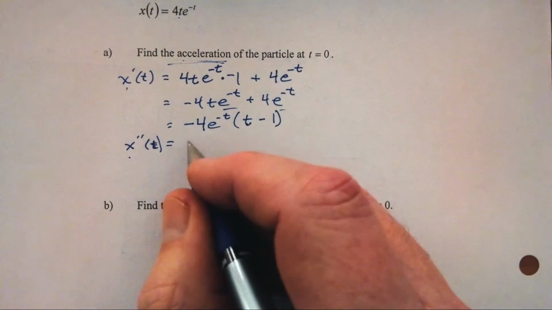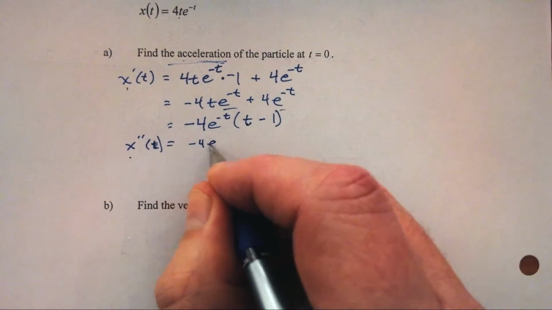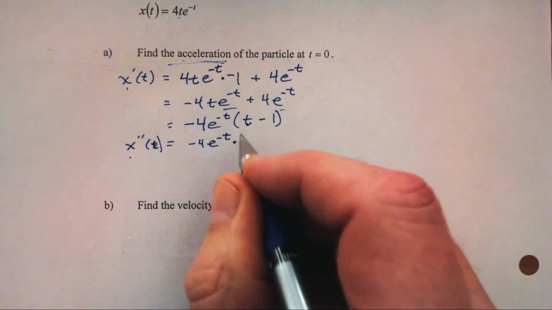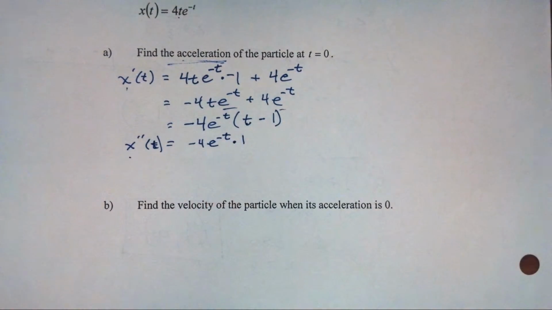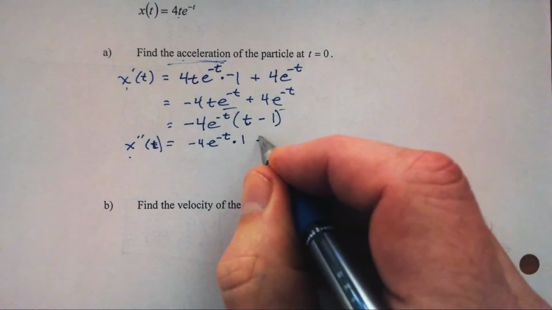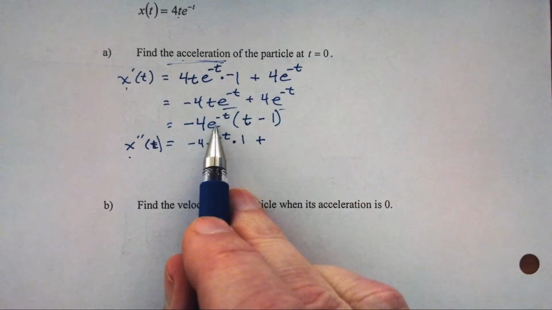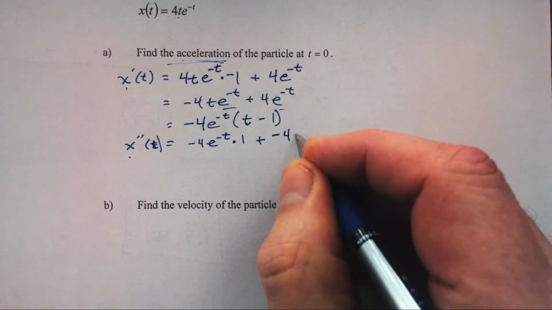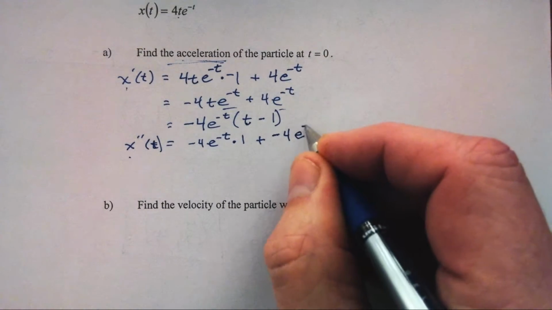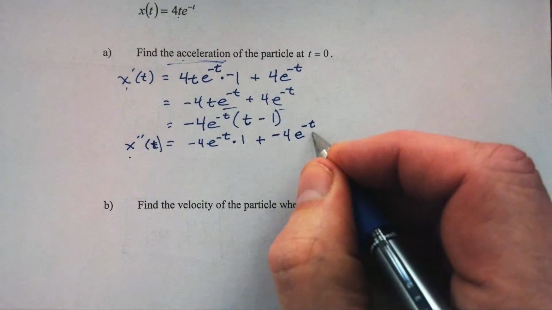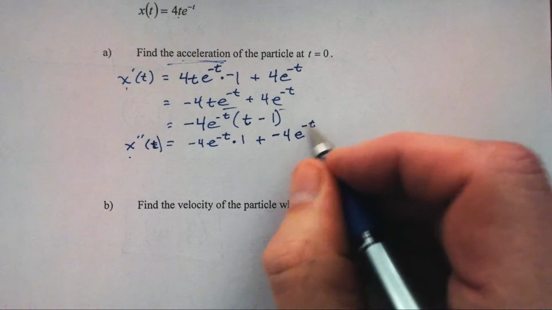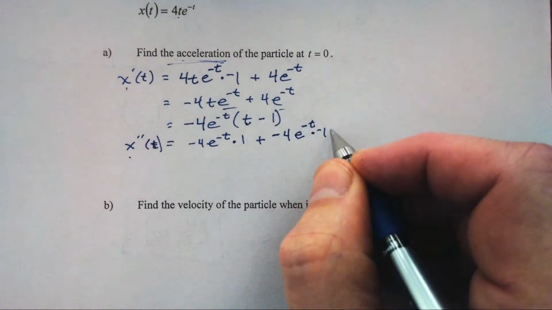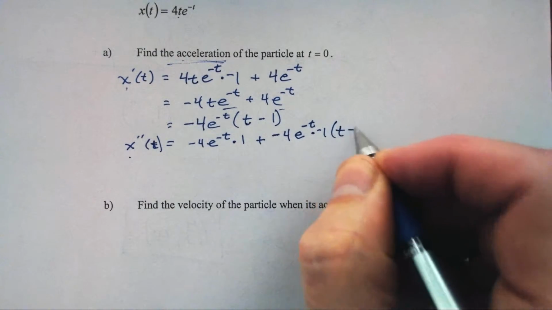So I want the plain old first, negative 4e to the negative t, times the derivative of the second, that's just 1, plus the derivative of the first, which is negative 4e to the negative t times the inside derivative, negative 1, times the just plain second.